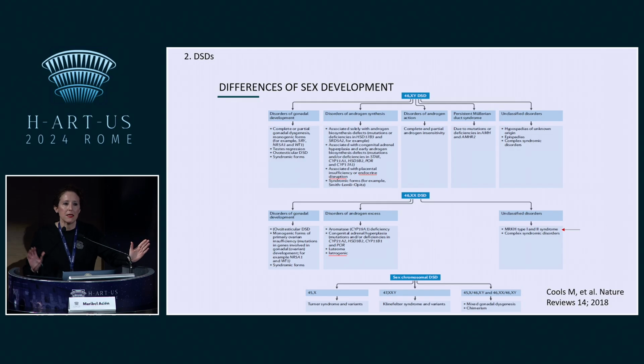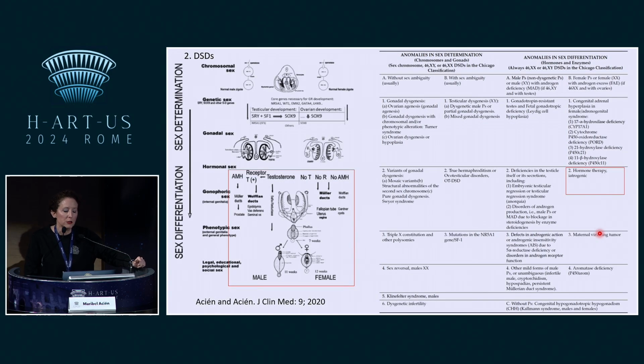Additionally, and maybe debatable, we will see later, this classification also includes malformative anomalies such as the Rokitansky syndrome under an unclassified group. As you know, disorders of sexual development could be due to an altered determination or an altered differentiation, where in this last subcategory, endocrine disruptors or hormones may play a role influencing the development of an individual under an androgenic or estrogenic ambient.